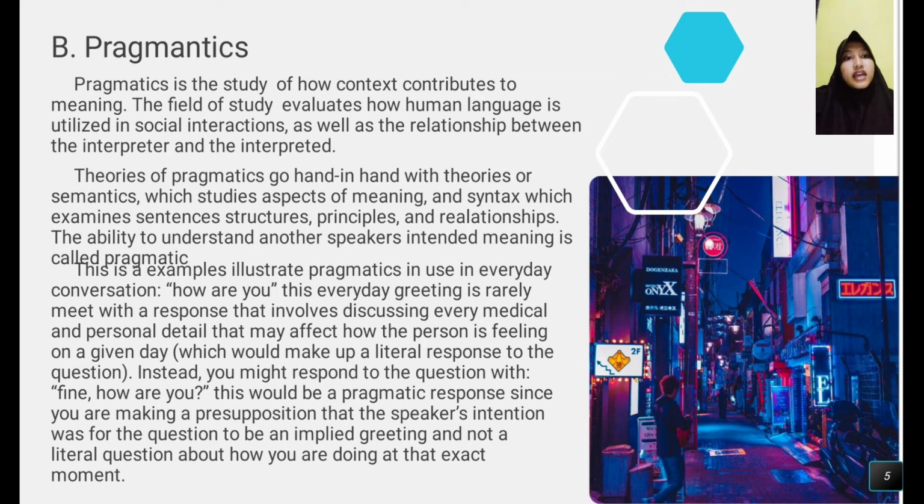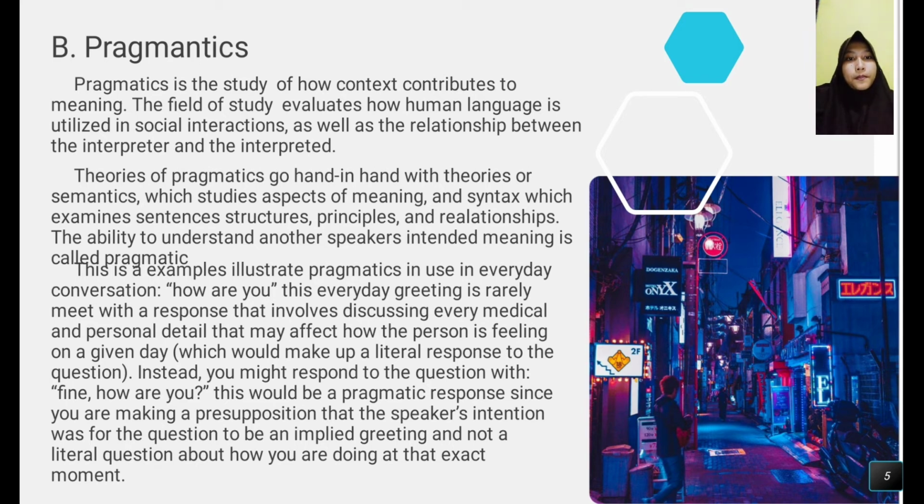This is an example that illustrates pragmatics in use in everyday conversation. The example is, how are you? This everyday greeting is rarely met with a response that involves discussing every medical and personal detail that may affect how the person is feeling on a given day, which would make up a literal response to the question.